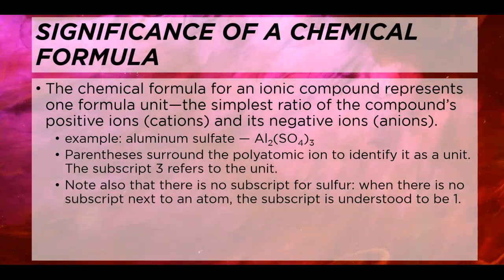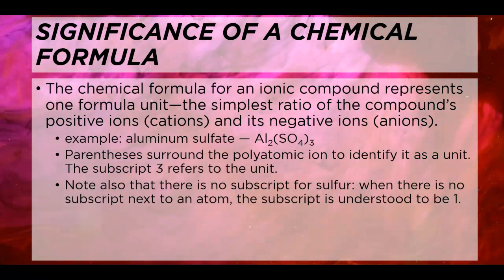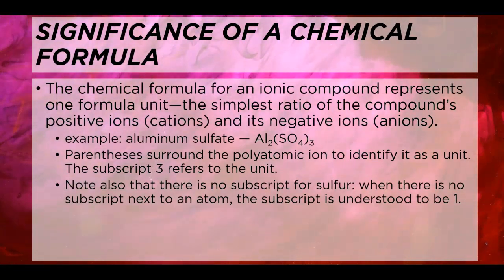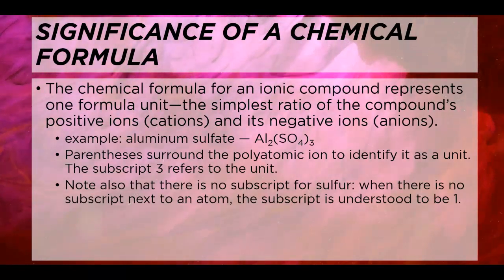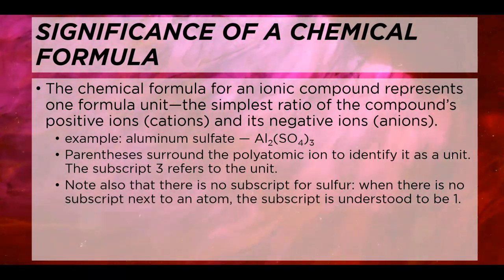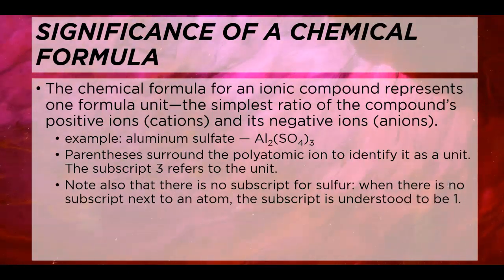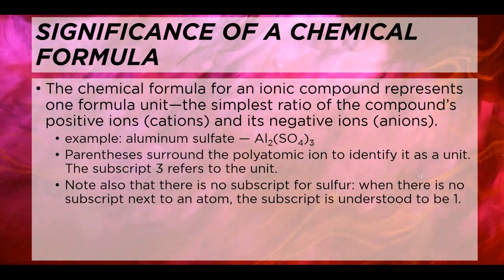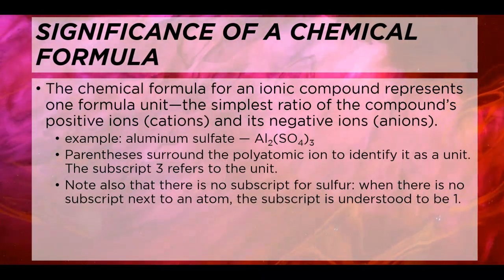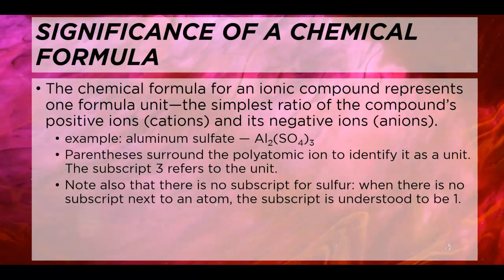aluminum sulfate. Notice it's Al2, and then we have a group of SO4. Remember, that's called a polyatomic ion. It's got one S attached to four O's, and we have 3 of that particular ion. So we've got 2 aluminums for every 3 sulfate ions.